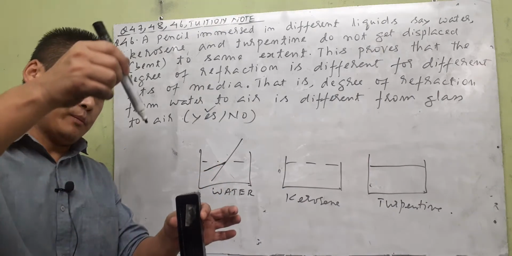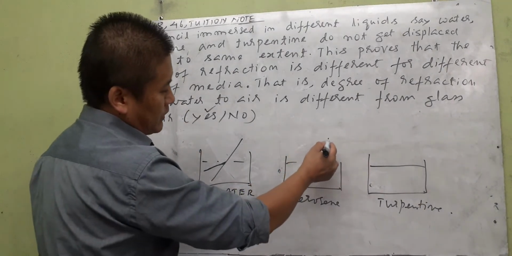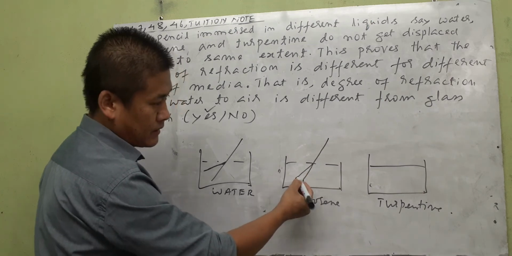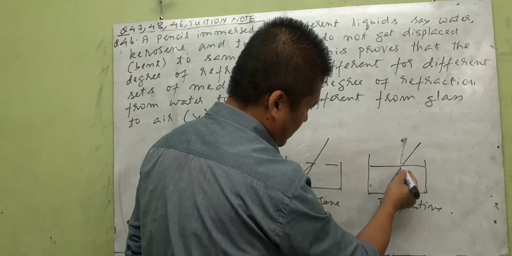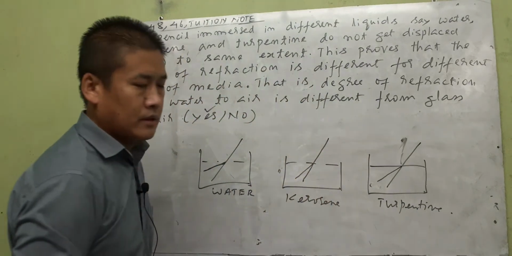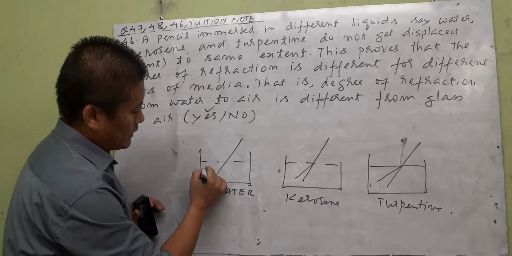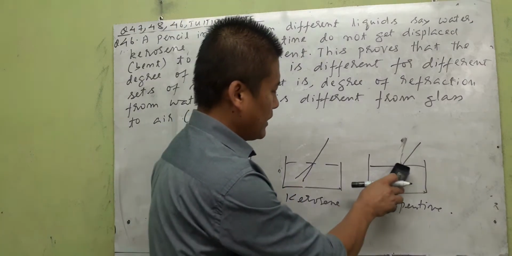Whenever you put a pencil in water, you see it bend. The same thing if you put a pencil in kerosene, here also it bends, but the bend is less. Then you put a pencil here, and here also the pencil is bending less. The maximum bending happens in water, let us say. Less bending here, and medium bending here.